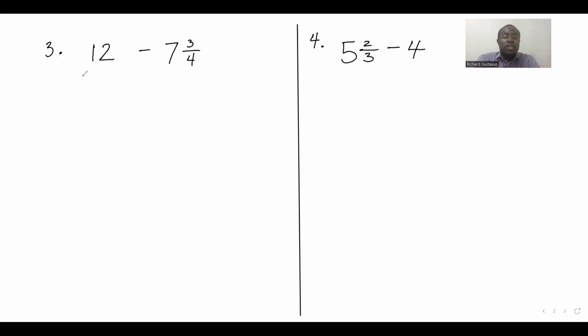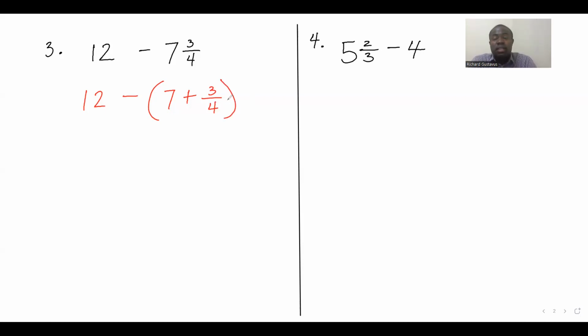So let's rewrite the question as such. So it's 12 minus, you can put it in parentheses. I strongly recommend putting that in parentheses, right? 7 plus 3/4. All right, cool.